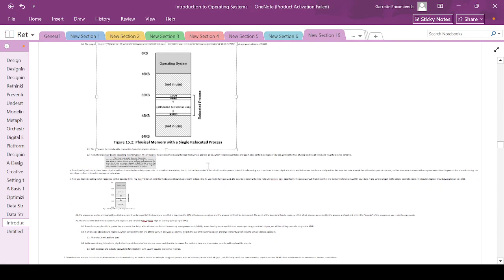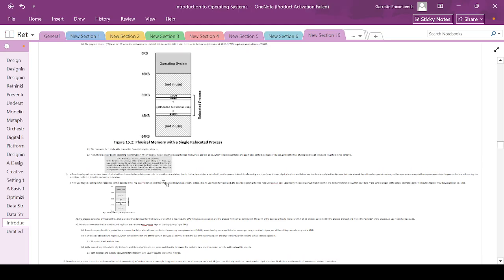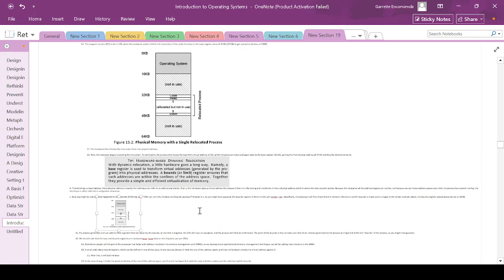Figure 15.2: physical memory with a single relocated process. Here's the relocated process code, and then we have the stack allocated but not in use. As you can see, we have some allocated space but not in use. The reason is that the stack will grow up if need be, and the heap will grow down if need be.